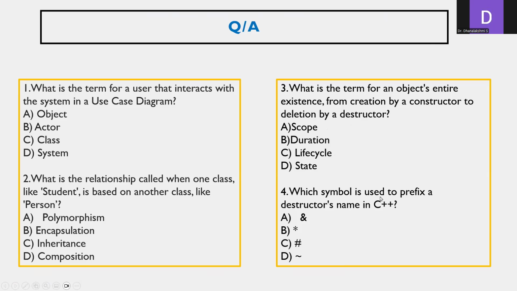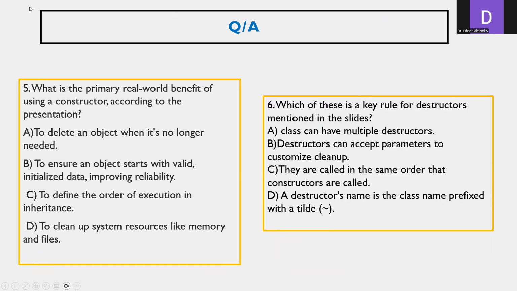Which symbol is used to prefix a destructor name in C++? I think you could easily locate the answer. Coming to the fifth question, what is the primary real-world benefit of using a constructor according to the presentation? To delete an object when it's no longer needed, to ensure an object starts with valid initialized data, improving reliability, to define the order of execution in inheritance, or to clean up system resources like memory and files.